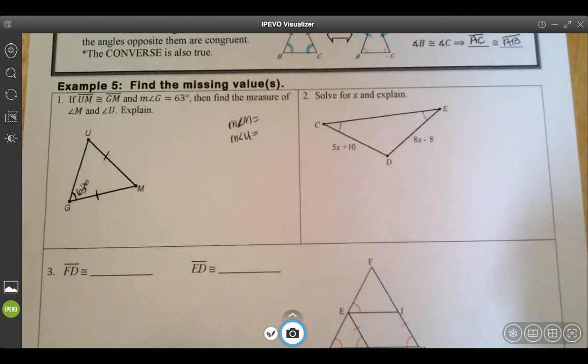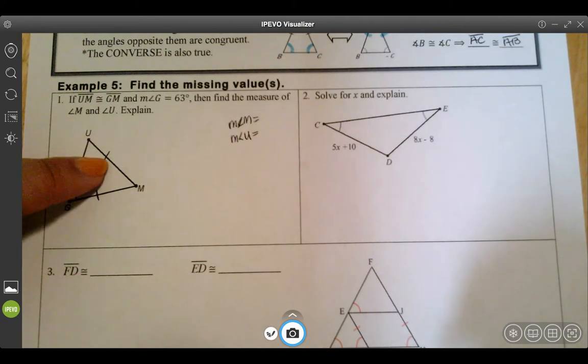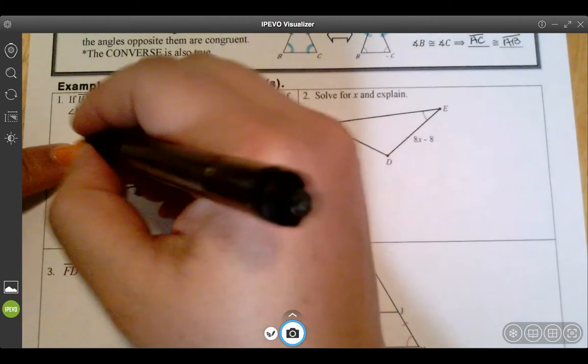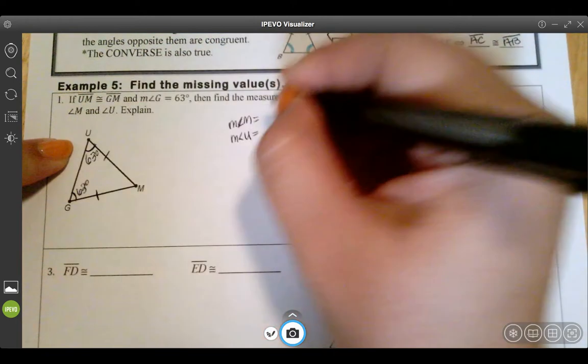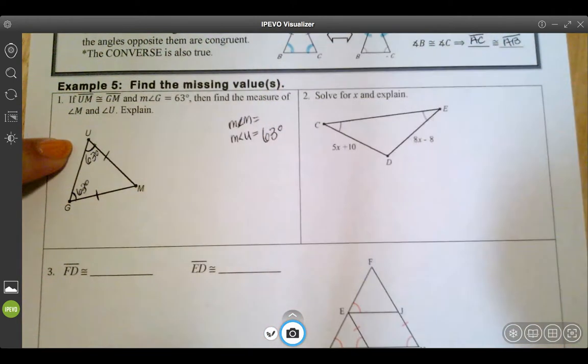Well, we just said the isosceles triangle theorem means that the angles across from the congruent sides are congruent. So here's a congruent side and a congruent angle. Congruent side points to this congruent angle. So angle U is 63 degrees.